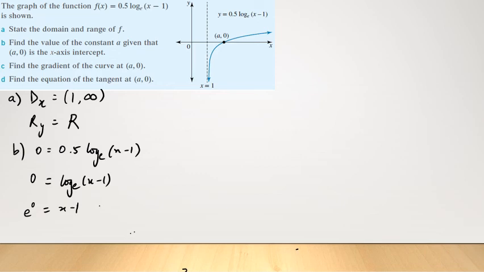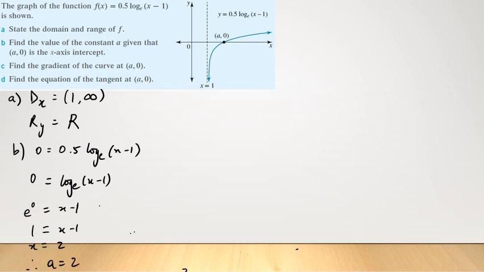Or if you remember, log of 1 is equal to 0, so you could just put it that way as well. Anyway, e to the 0 is 1. A minus 1, move 1 over, so we get 2. So then A is equal to 2, and then I write down a 0 because I'm thinking ahead.